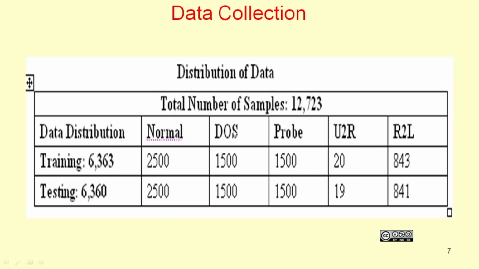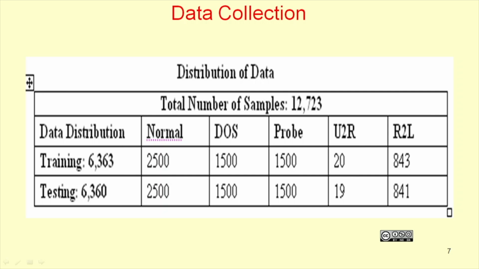In this case, when you divide the data into training and testing, a normal holdout partition has been used: 50% of the data is utilized for training and 50% for testing.